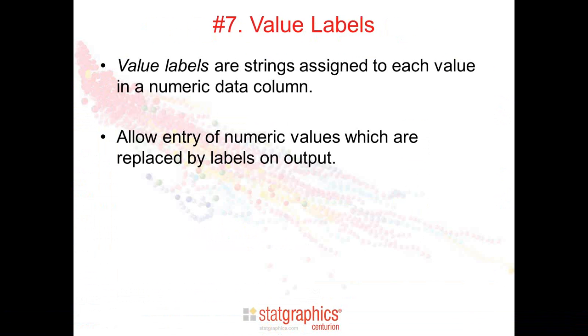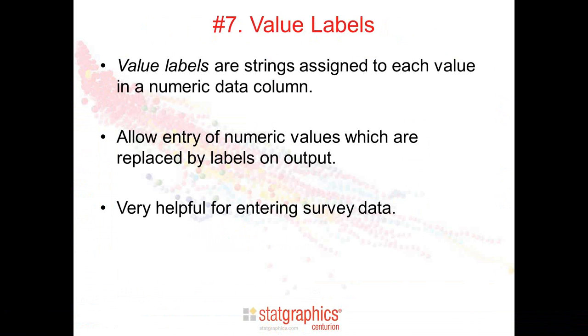The reason you might want to do this is that if you have a lot of data, it's a lot easier to enter numbers like 1, 2, 3, 4, and so forth into a column than it is long strings. With value labels, you can enter numeric values, but when tables and graphs are created, have the numeric values replaced with labels.